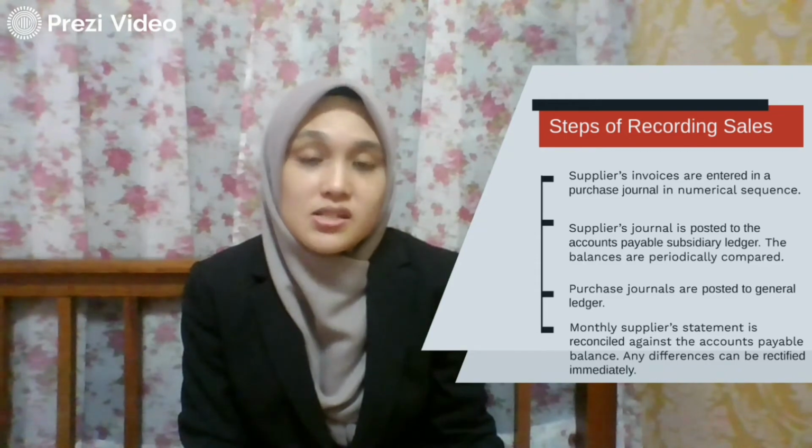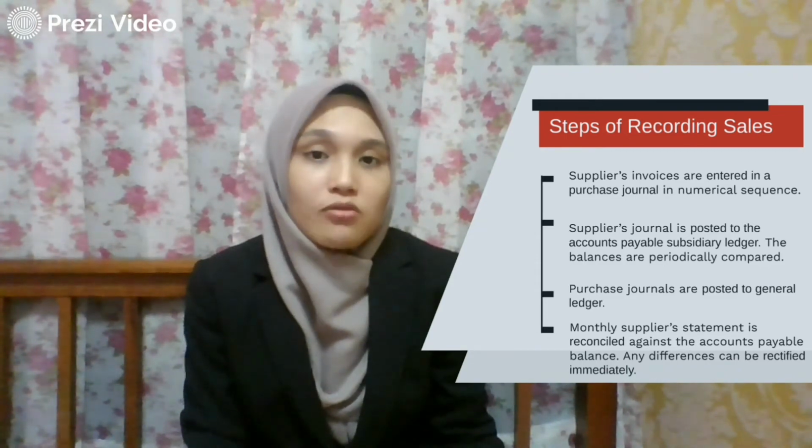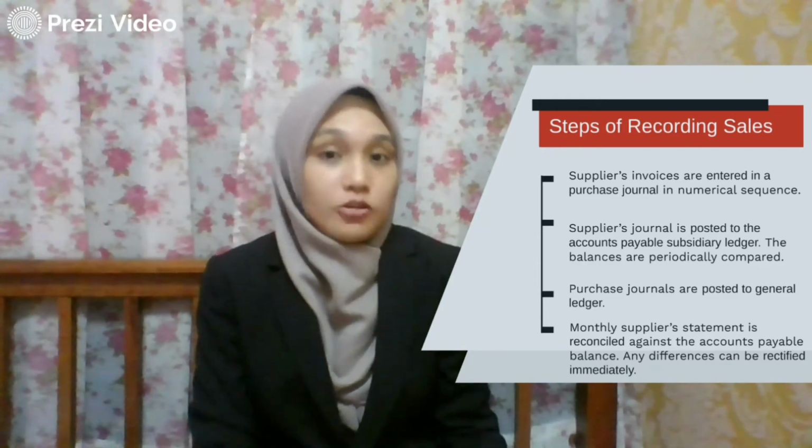So basically, these are the 4 steps in recording purchases. The first one, the supplier invoices are entered in a purchase journal in numerical sequence to avoid any missing invoice that we have received.